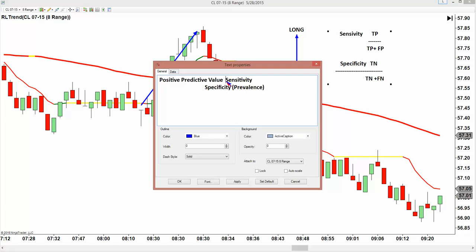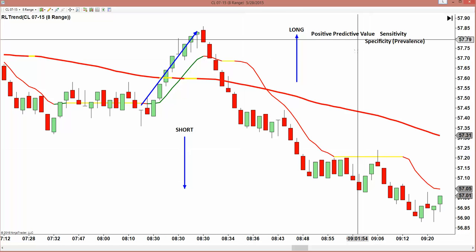When you take a trade, you want that positive predictive value to be exceedingly high. And you see that sensitivity and specificity are proportional to each other, but they're multiplied. The multiplier is prevalence. Let me show you how prevalence factors in.